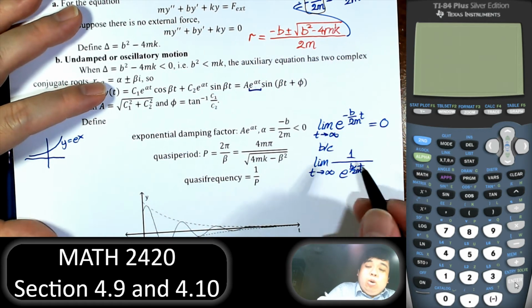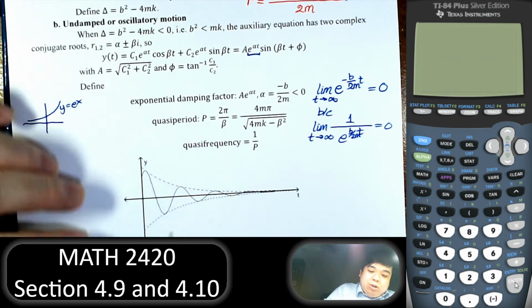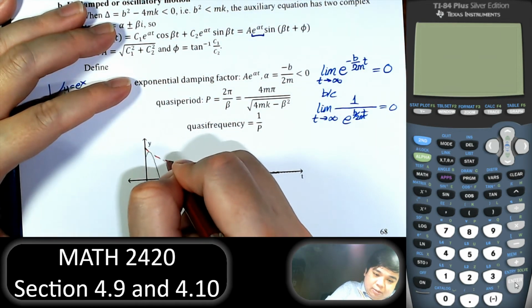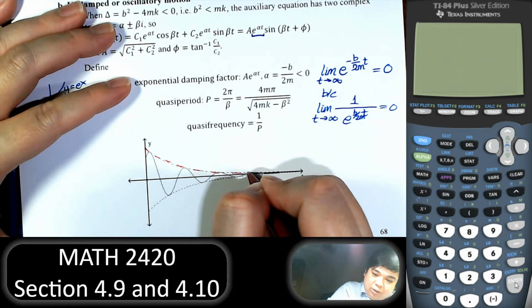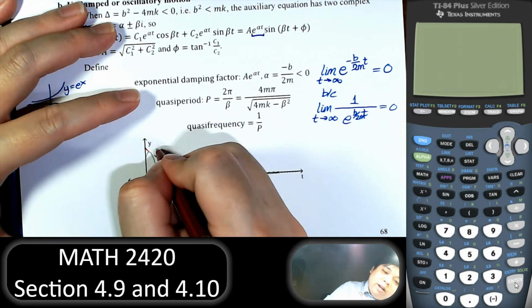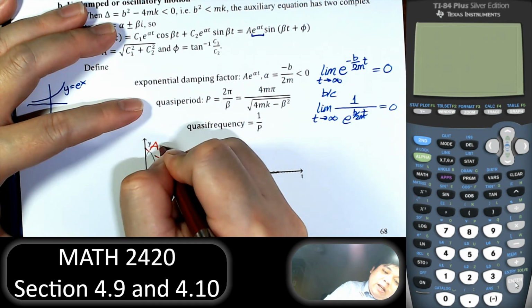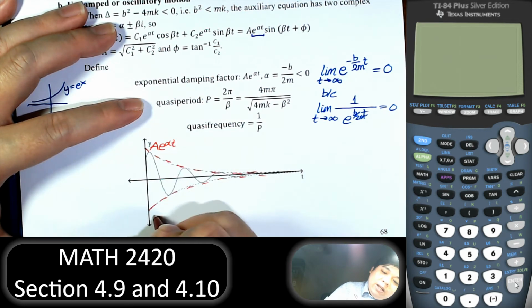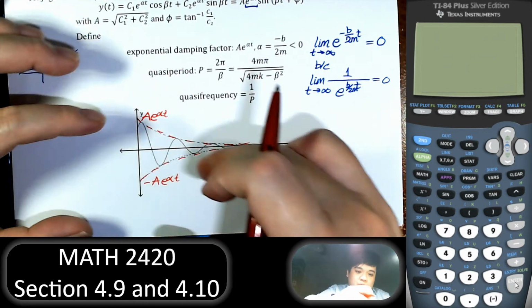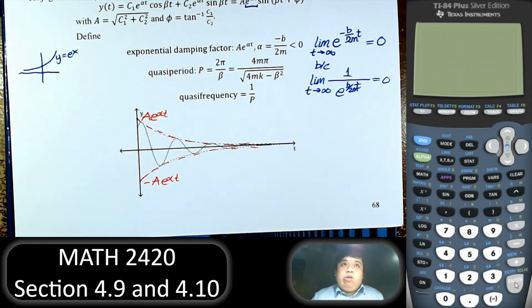One over something that goes to infinity is 0. So that's why we have this case, kind of the amplitude. One of them is A e to the alpha t. The other one is negative A e to the alpha t. So the graph will be bounded between those two exponential functions.